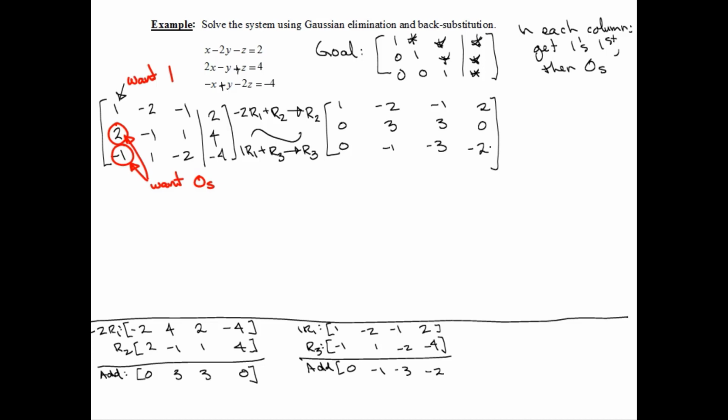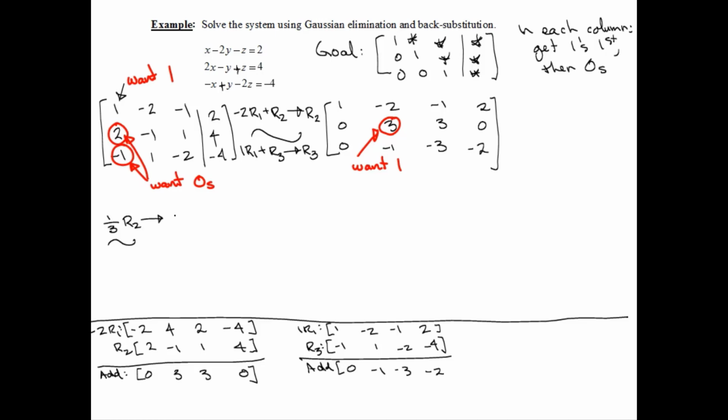So now our goal is to get a 1 in this position. To do that, to get a 1, you multiply that row by the reciprocal of the number that is there. So we're going to multiply that row by 1/3.